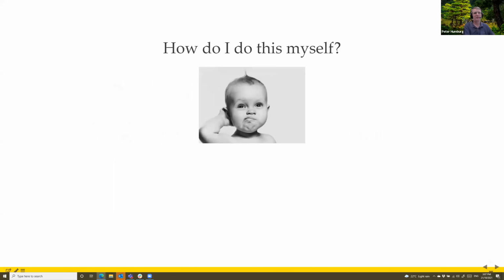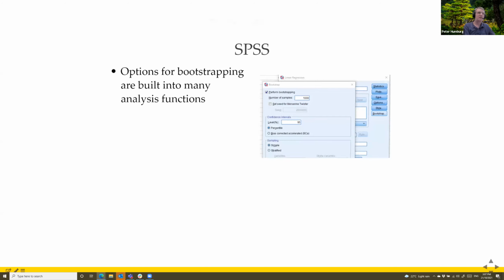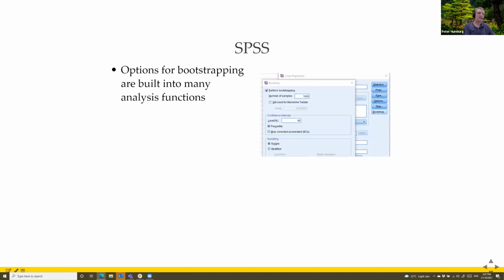But you might ask yourself, well, how am I ever going to do this myself? And the good news is that there is bootstrap functionality built into most stats packages that you might want to use. So for example, if you use SPSS, for many of its modules, it has the option to use bootstrap estimates.